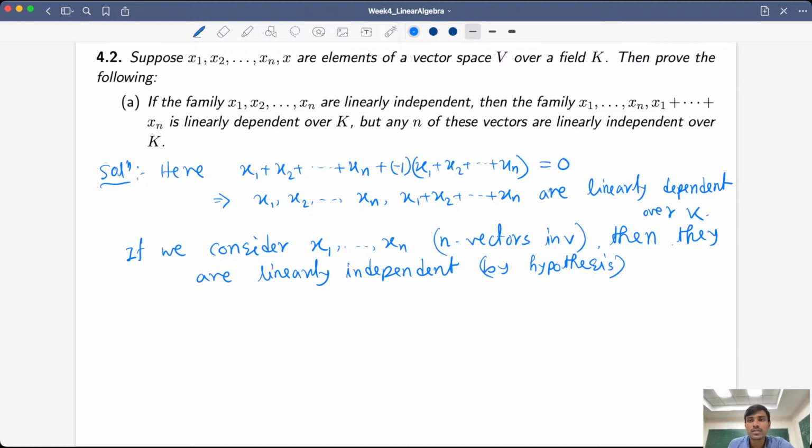Now if I delete something else, consider any x1 through xn except some xi, together with x1 plus x2 plus ... plus xn. So consider x1, ..., x(i-1), x(i+1), all the way up to xn, and then their sum.